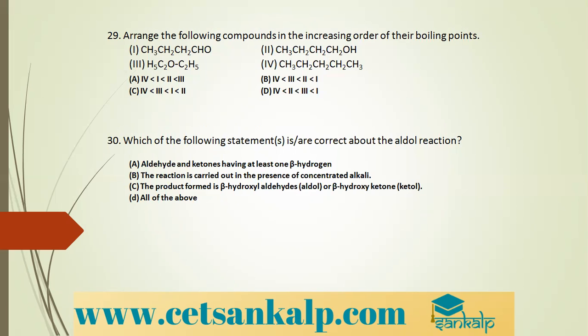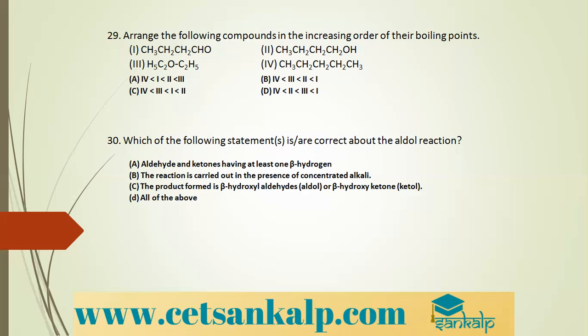And fourth, it is an alkane, highly hydrophobic towards water, does not form hydrogen bonds. So where there is strong hydrogen bonding, that will require more temperature. So they are in decreasing order, right? So option 4 is having the lowest boiling point. Then comes option 3. Then comes option 1. And last is option 2. So option C is correct, right? C option is correct.